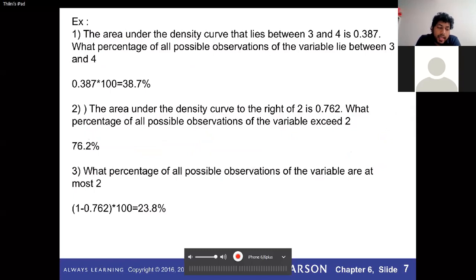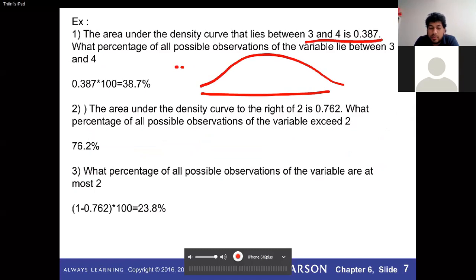Check this one. Area under the density curve that lies between 3 and 4 is 0.387. What percentage of all possible observations of the variable lie between 3 and 4? This is your density curve.